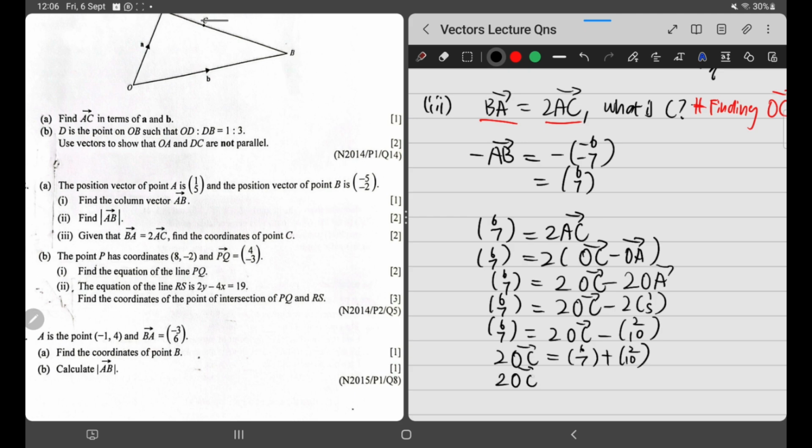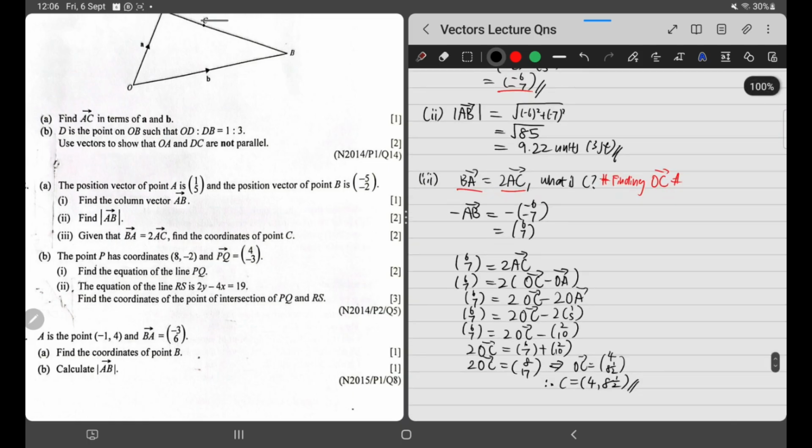So 2OC equals (8, 17). Therefore, OC is (4, 8.5). Hence, your coordinates of C is (4, 8.5). That is the answer over there.